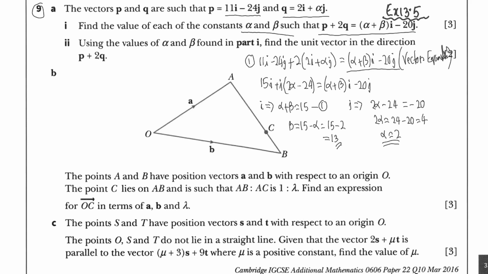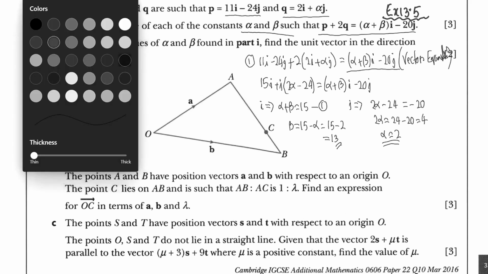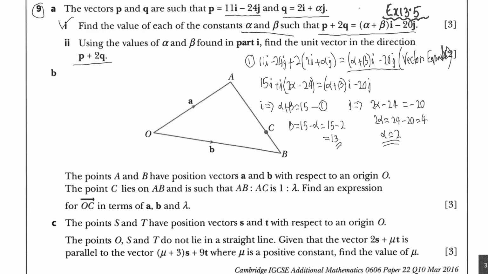Hope it is clear. Then the second question: using the alpha and beta from part 1, find the unit vector in the direction of p plus twice q. We did some unit vectors in previous questions, and a similar method we are going to apply here. For a unit vector we have to find the vector first, p plus twice q.